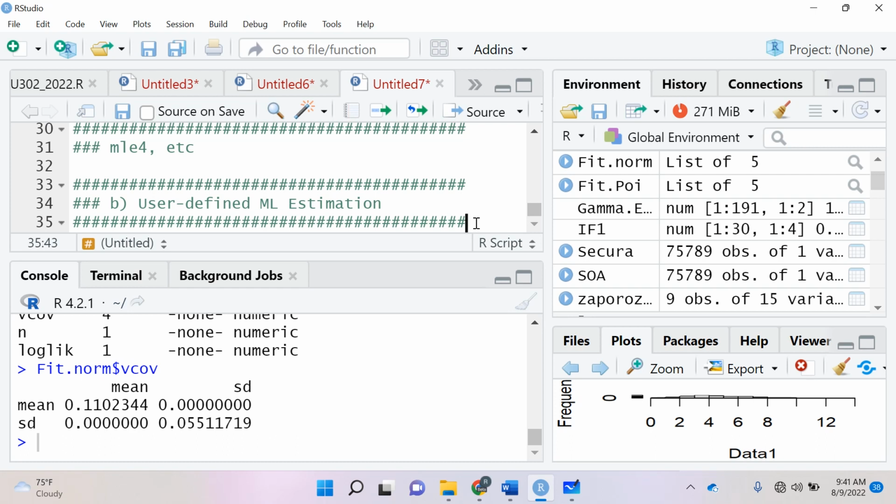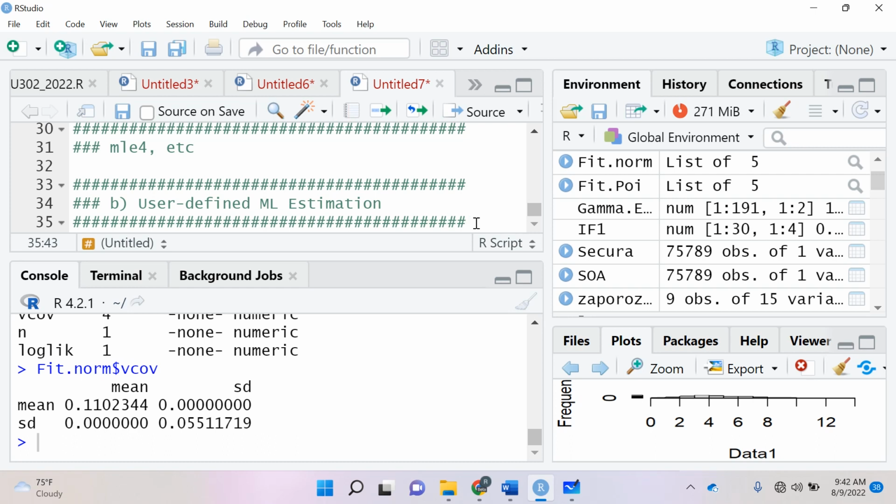So I state my function, and then the data set that I'm interested in fitting the model to, I optimize my function on it. The values that will give me the highest probability of obtaining that sample is what I will use as my maximum likelihood estimate. So that is as simple as that.